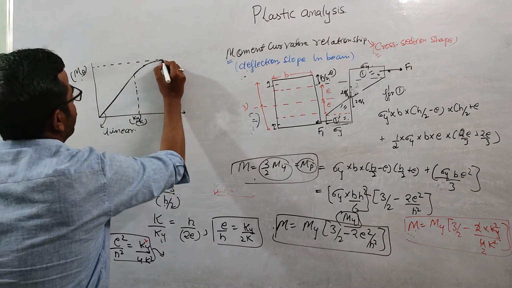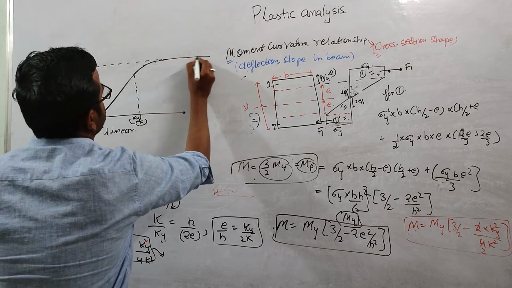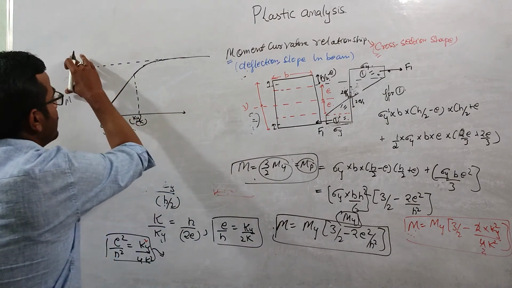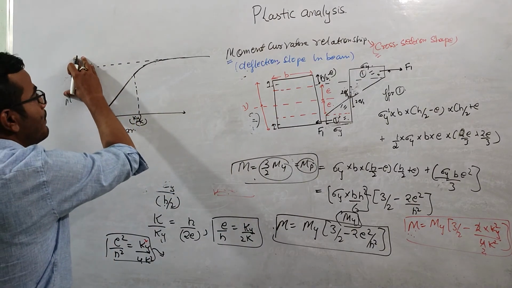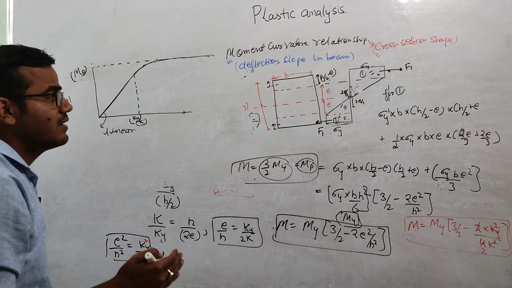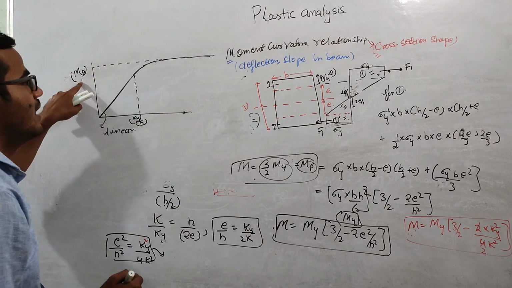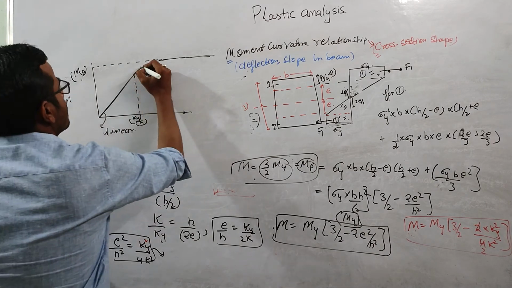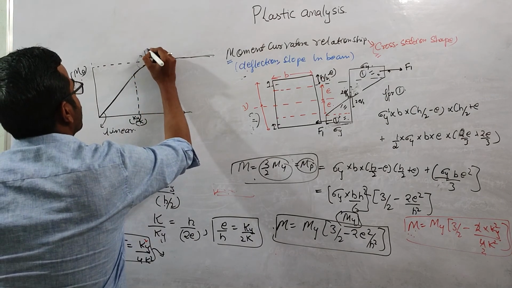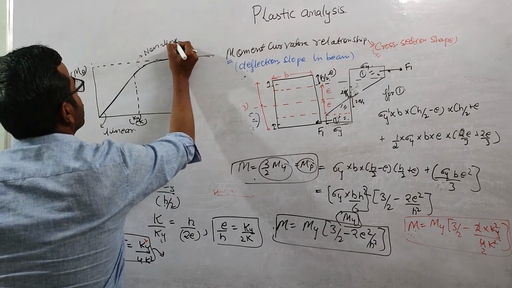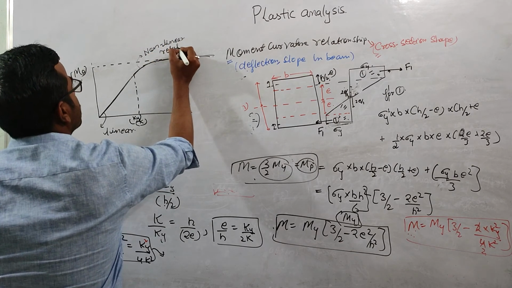And after that, the MP value will be constant because moment of resistance cannot exceed this capacity MP, and the curvature will increase without any increase in the MP value. And why this thing is happening, we have already discussed. So this is a non-linear relationship.